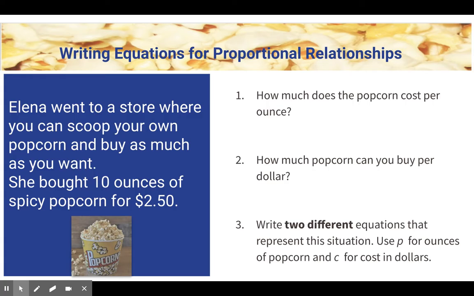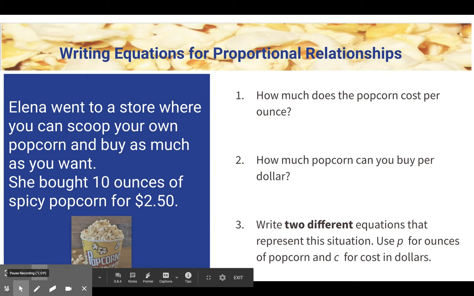Number 2 says, how much popcorn can you buy per dollar? And then write 2 different equations that represent the situation. And we're going to use P for ounces of popcorn and C for the cost in dollars. So we'll take about 4 minutes here to pause so that you guys can capture your answers for numbers 1, 2, and 3.